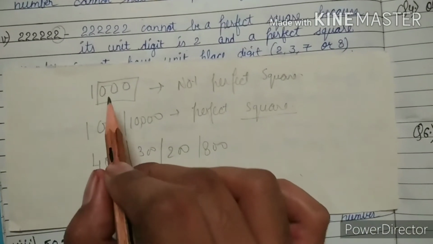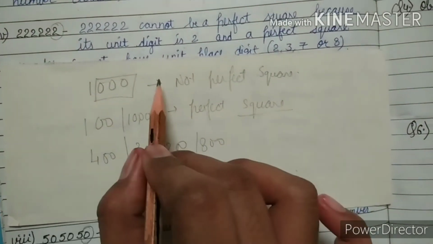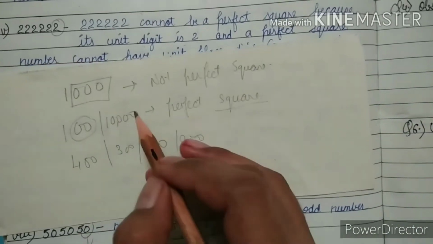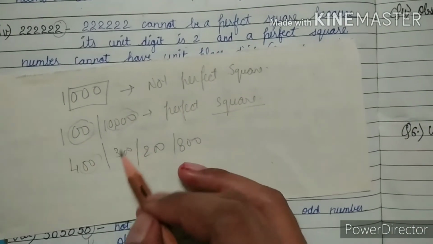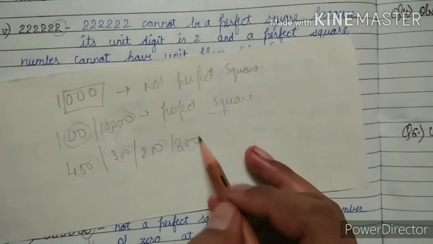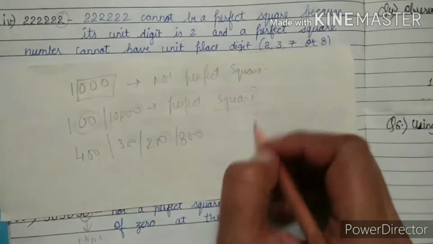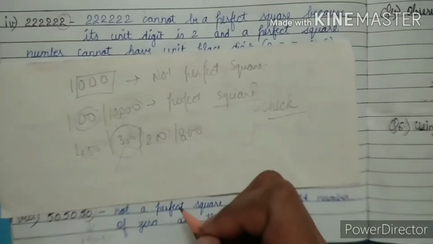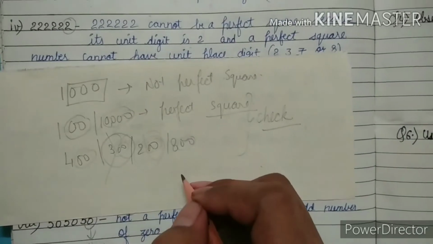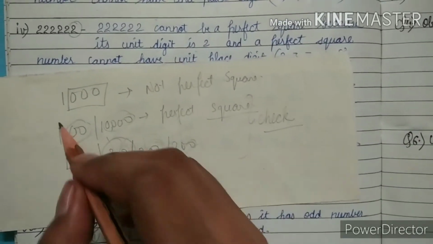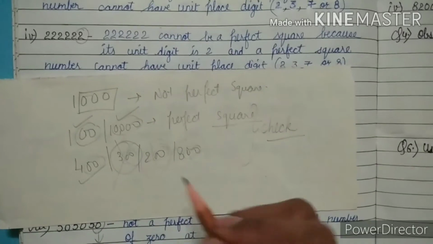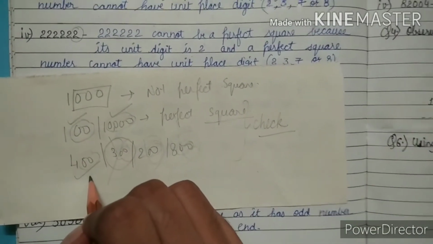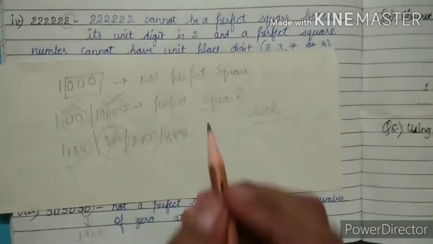With an odd number of 0s, it can never be a perfect square. But when we have an even number of 0s at the end, then we have to check, because 300 is not a perfect square, 200 is not a perfect square, 800 is also not a perfect square, only 100, 10,000 and 400 are perfect squares. So with an even number of 0s we have to check whether it is a perfect square or not.